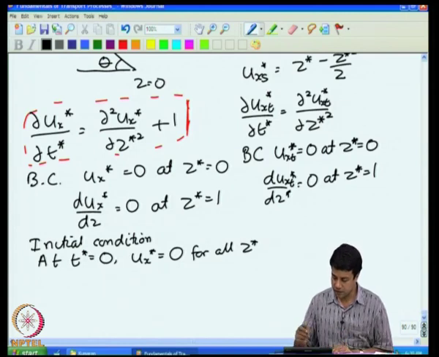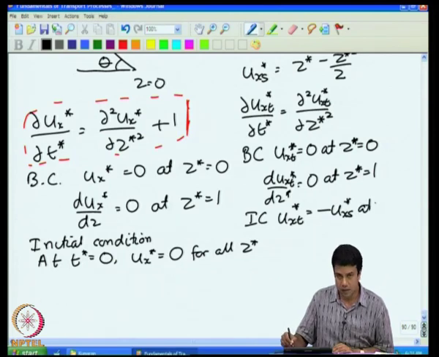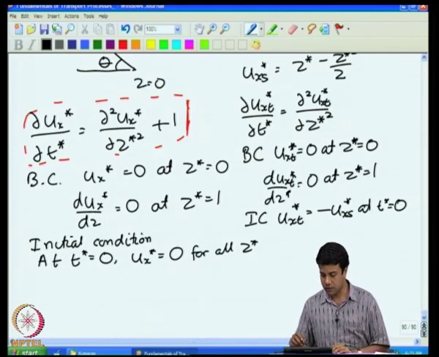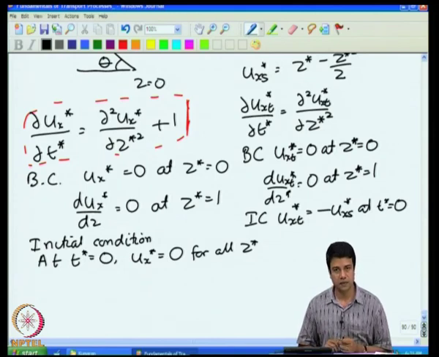Therefore, the initial condition for the transient part has to be ux transient is equal to minus ux steady at t equal to 0. Only if ux transient is equal to minus ux steady, the sum of the two will be equal to 0, which means that the total velocity ux will be equal to 0. Okay. So, one has to be careful while defining the initial and the boundary conditions.